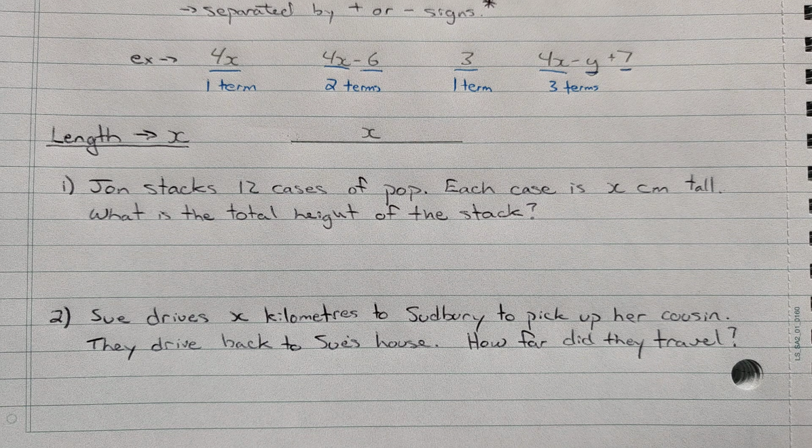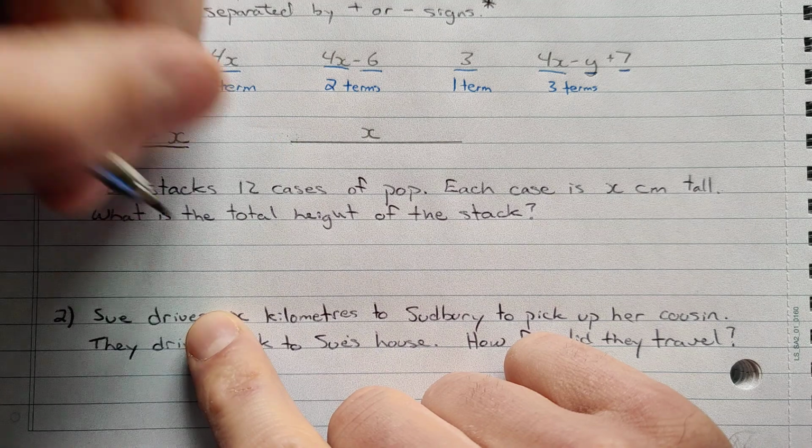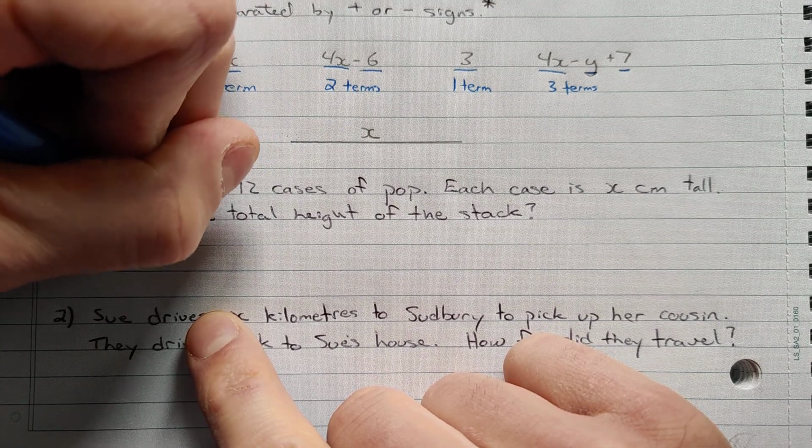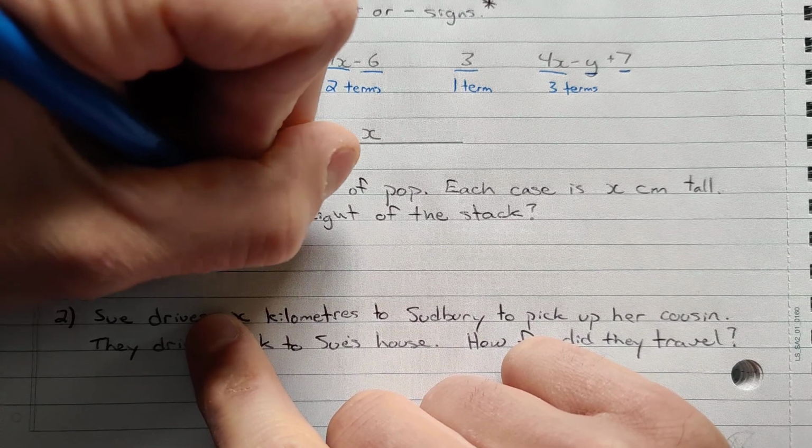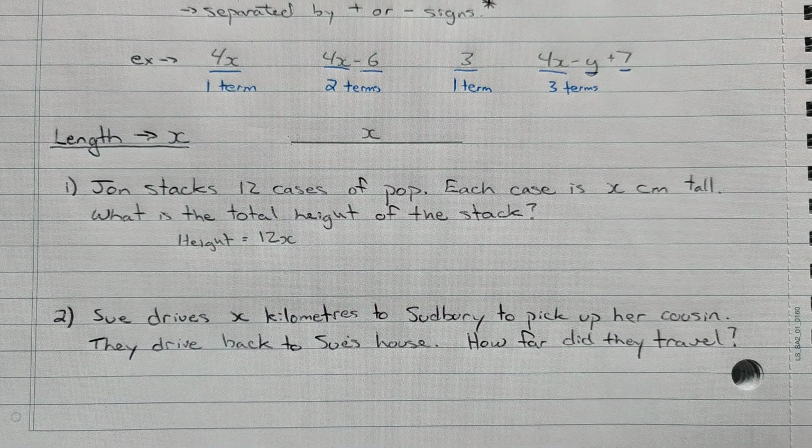Well, if we think of X as a number, say X was 3 centimeters, the total height would be 12 times 3. But in this case, we don't have a value for X. We just have X. So X is something. There's 12 of them. We stacked up X 12 times. So our total height, in this case, equals 12 times X, or just 12X.